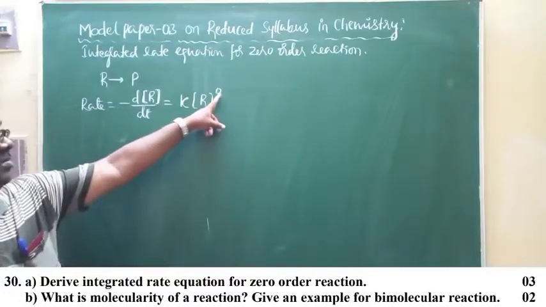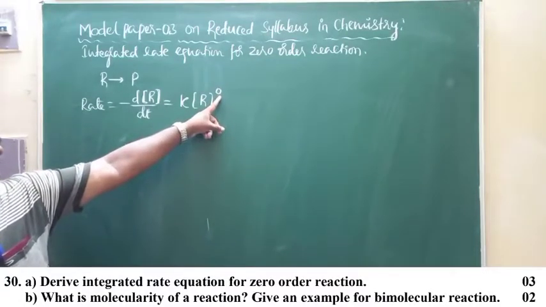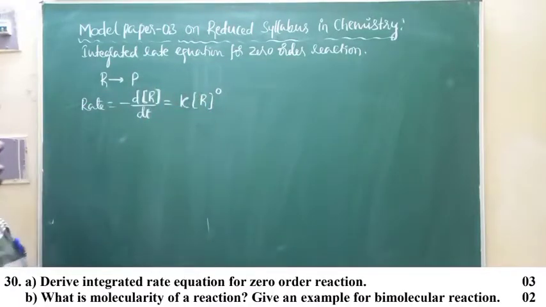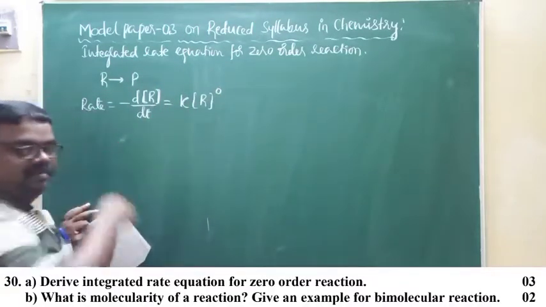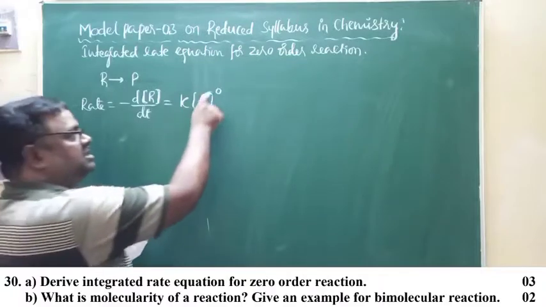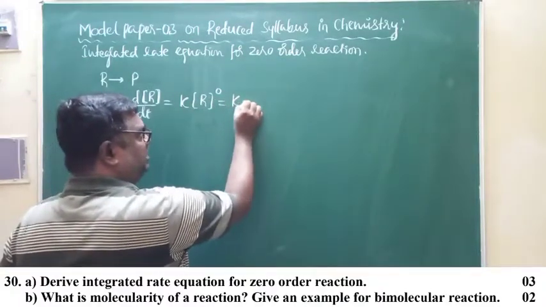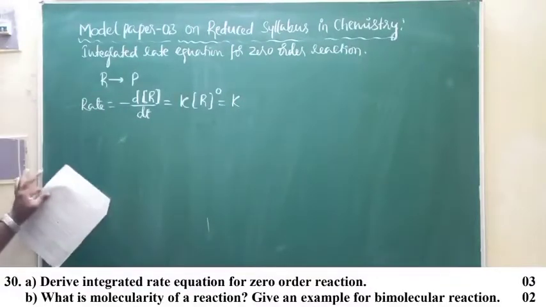Don't write 0 as a subscript; it should be written as a superscript. It represents the order of reaction. Since the order of reaction is 0, [R] to the power 0 is 1, so that's equal to k.